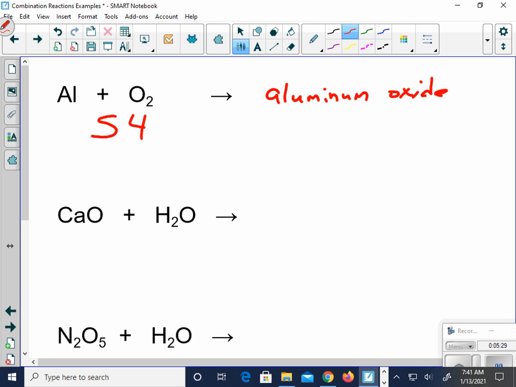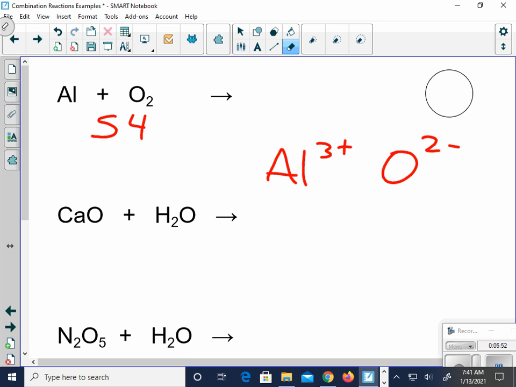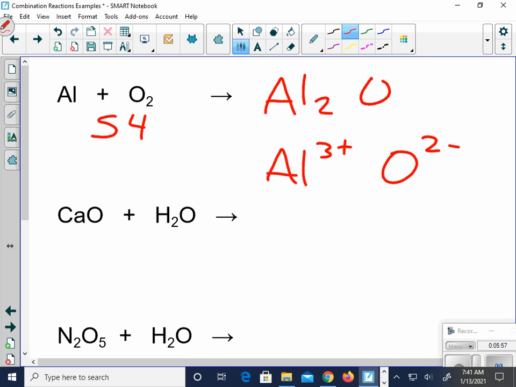Why do I like to do that? Well, I look at aluminum oxide right there. I know that aluminum is 3+ on my ion sheet. I know that oxygen is a 2- on my ion sheet. So when I am writing the formula for aluminum oxide, it's going to be Al2O3.